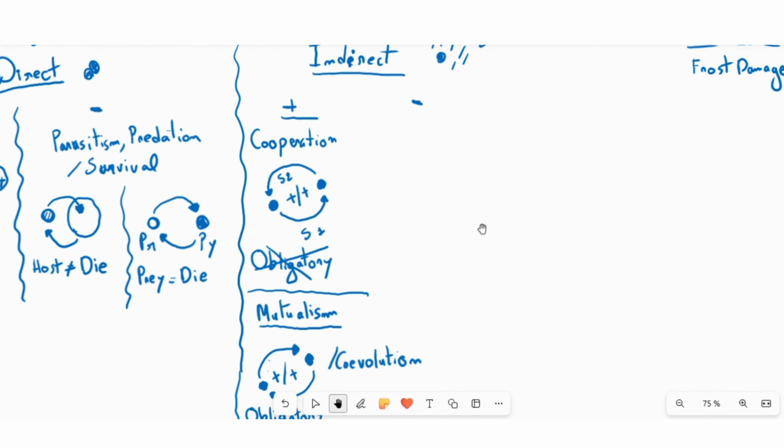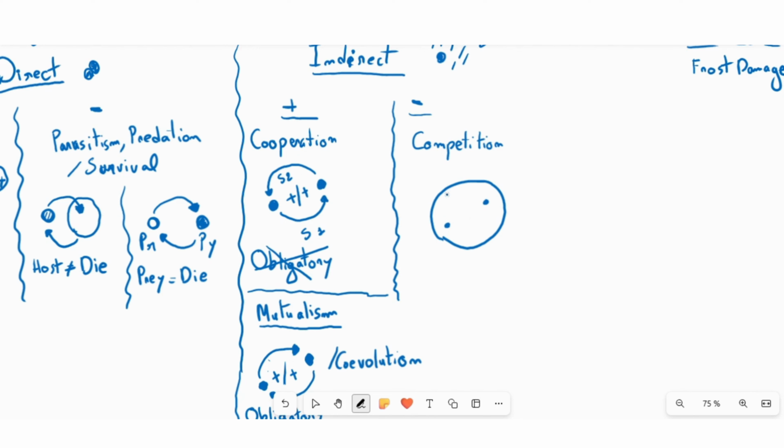Now, let's look at the negative indirect reactions. Same as cooperation, when we say biofilm, we're sometimes going to be talking about competition. I think it's easier to explain it outside of biofilm. So we have a petri dish.